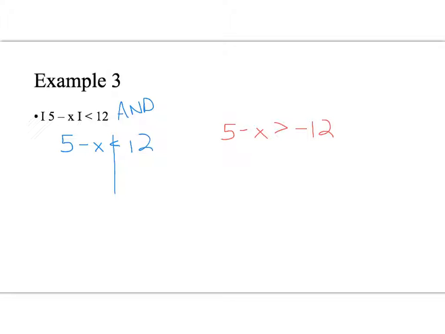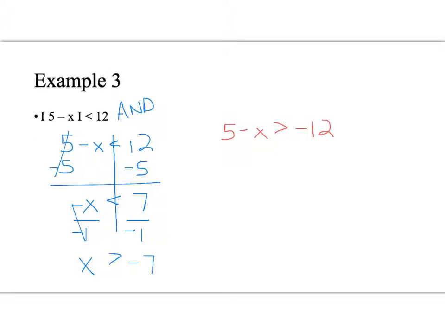So in blue, I would subtract 5, leaving me with a negative x is less than 7. Okay, and then I have to divide by a negative to get rid of that negative sign. So when you divide by a negative, I'm going to flip the inequality the other direction.